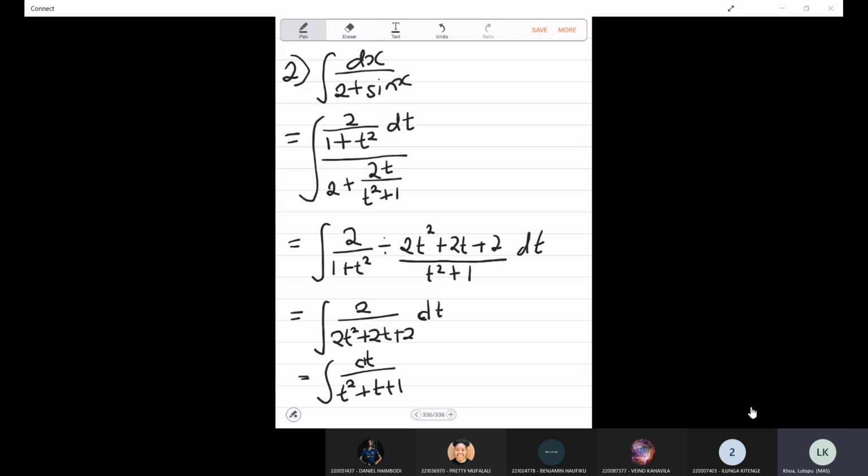Okay, so again, we want to end up with the tan inverse derivative. So what we need to do is complete the square in the denominator.